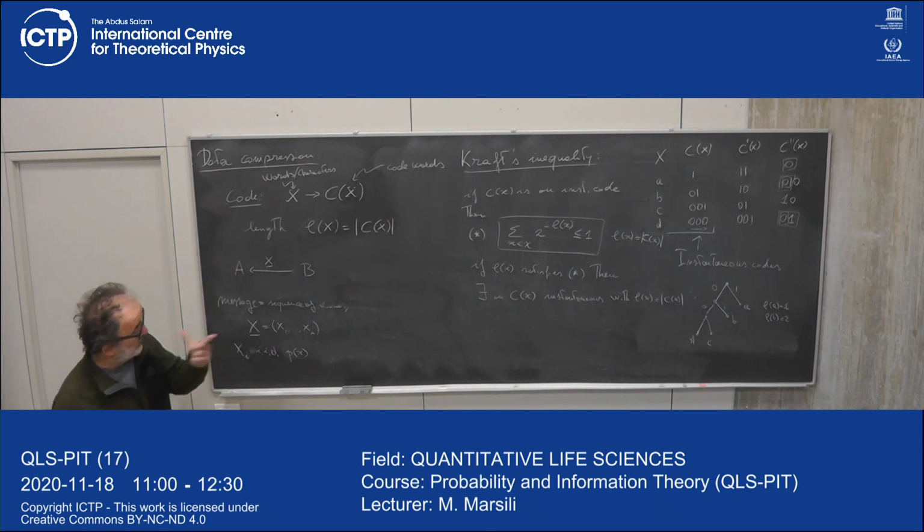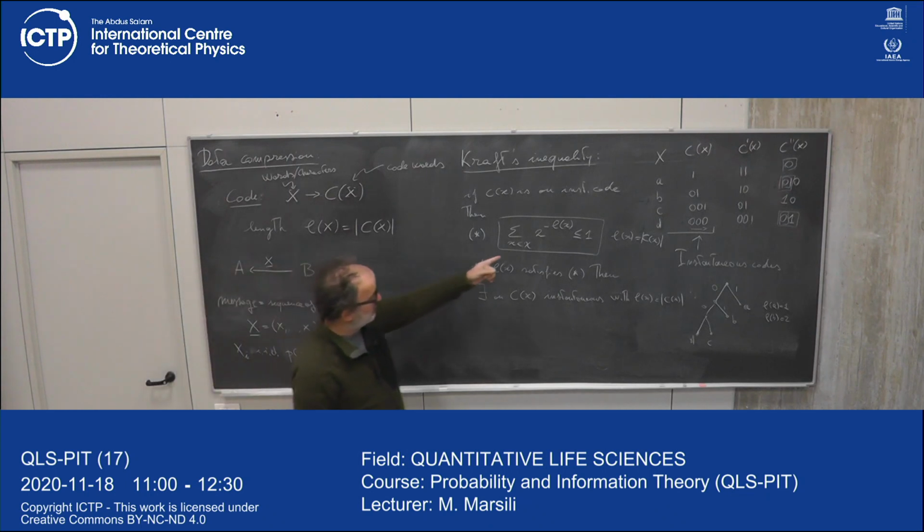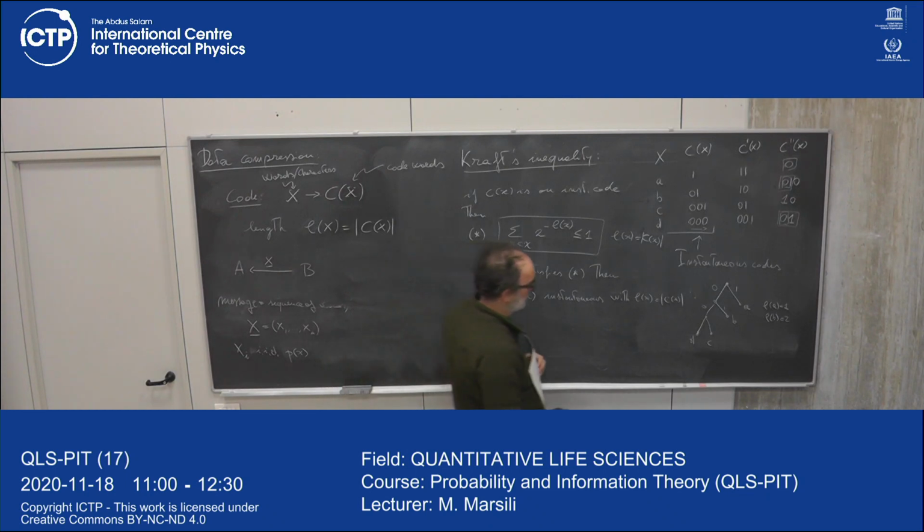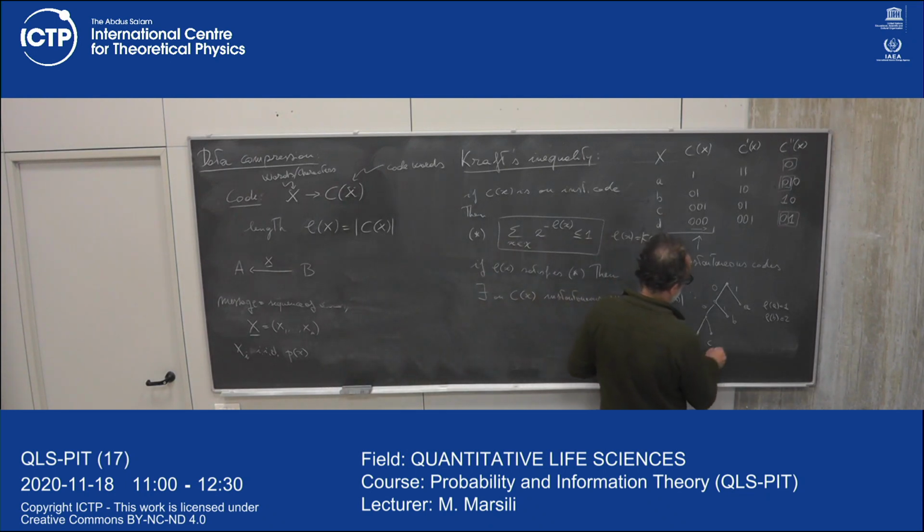So, very good. So let us see how the proof of this inequality is very simple, because what you can do is to complete, so look at what is the maximal depth of this tree.